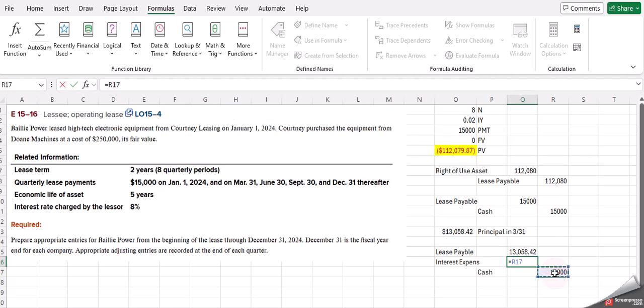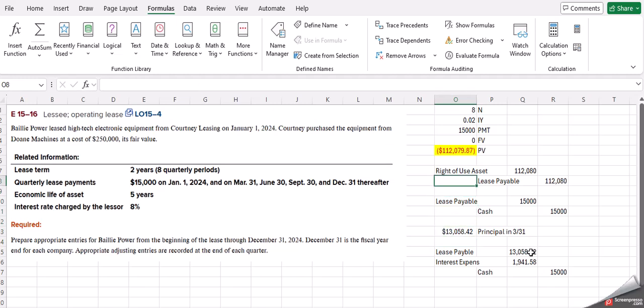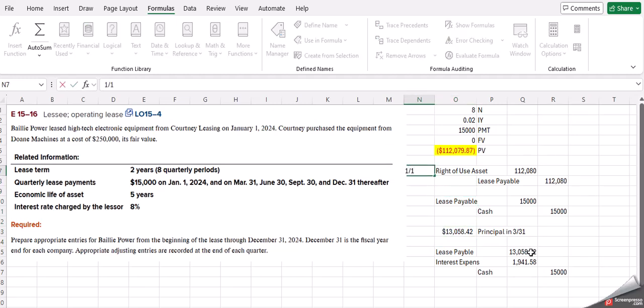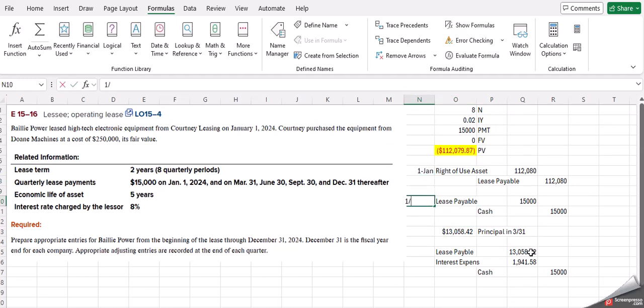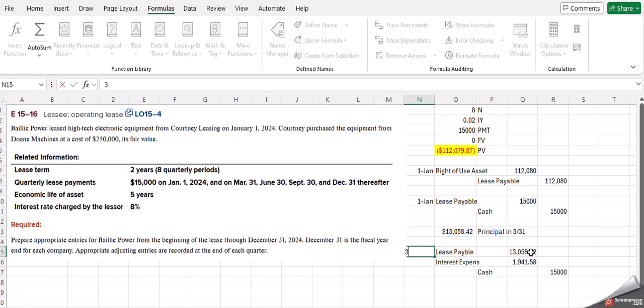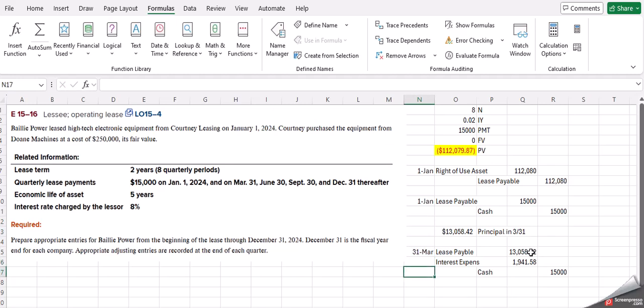So that saves me a little bit of time from having to do that interest one. So then that would be the amount of your interest that you would pay on that March 31st. So all of these again would be the January 1st. That'd be the end of your quarter.